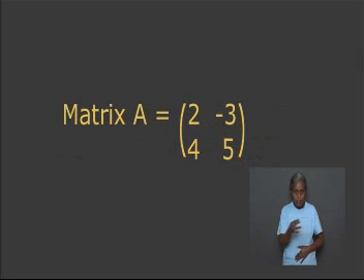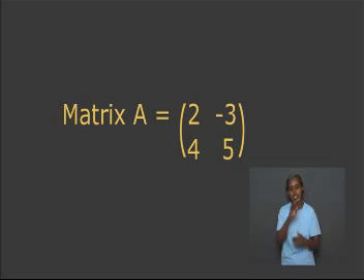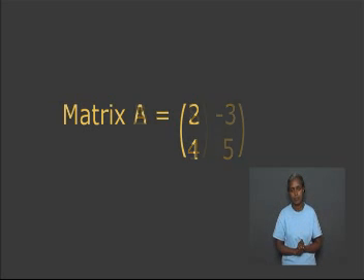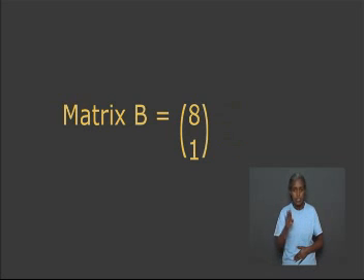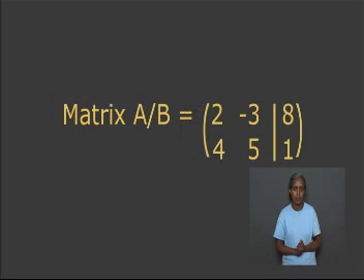Matrix A represents the coefficient matrix. Matrix B represents the results. An augmented matrix is represented by A/B as shown here. We can see the additional column of the constants to the right of the vertical line.